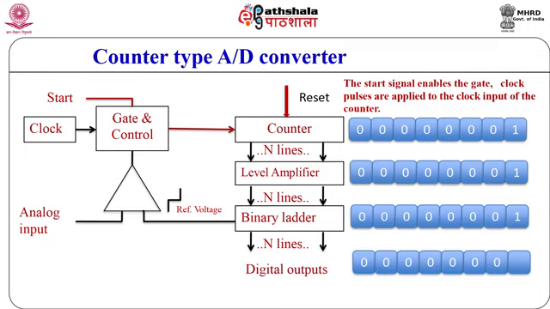After proper level adjustment, this digital data is converted into analog using the binary ladder, which will function as an input to the comparator. This reference voltage and the analog input will be compared by the comparator, and the comparator output will be either low or high depending upon whether the analog input is greater than or less than the reference voltage.